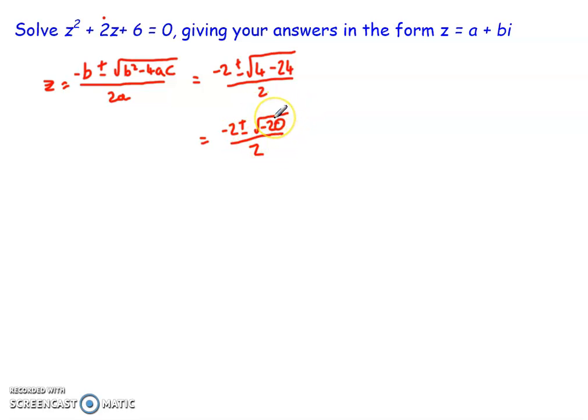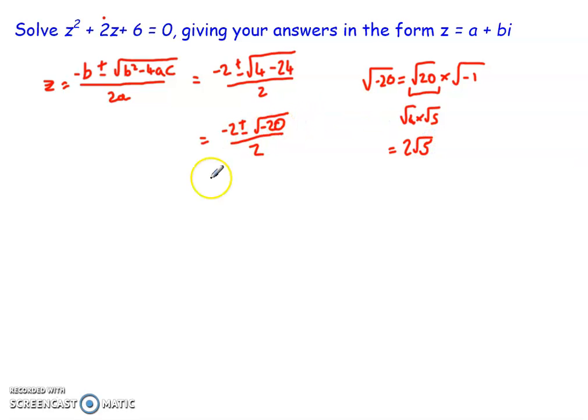Now let's focus on the negative 20 to begin with. The square root of negative 20 is the equivalent of the square root of 20 times the square root of negative 1. Always take that out first. Now the square root of 20, we can't write an exact integer answer to that, but we can simplify it. Square root of 20 is the equivalent of root 4 times root 5, which is therefore the equivalent of 2 root 5.